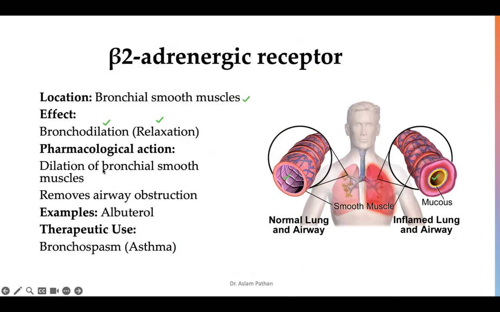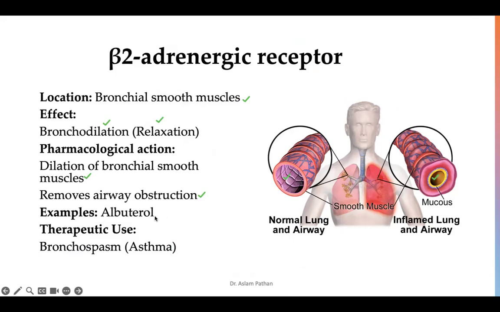Activation of beta-2-adrenergic receptor leads to the dilation of bronchial smooth muscles and removes the airway obstruction, and these airway obstructions usually occur in inflammation due to asthma or due to allergy or maybe due to COPD.